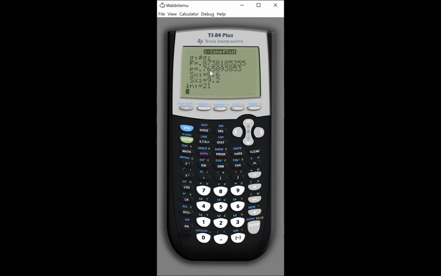But now if you look at the P value, it is 0.7659. And if you look at it, you have an alpha of 0.10. Let me go back to my notes.